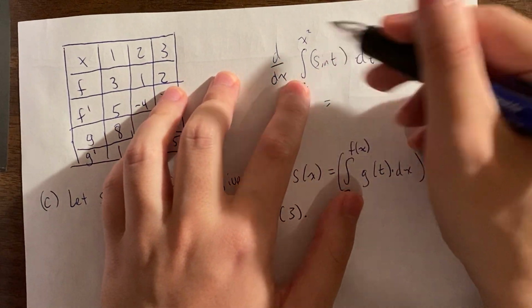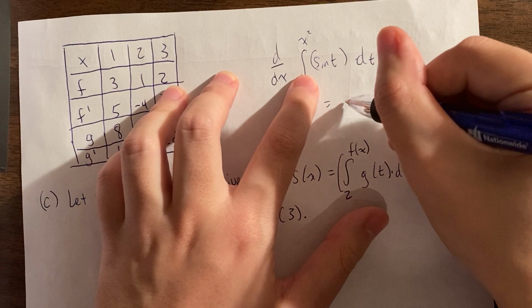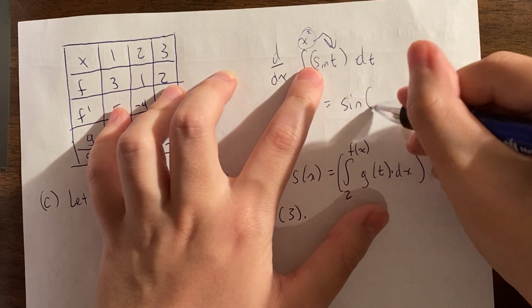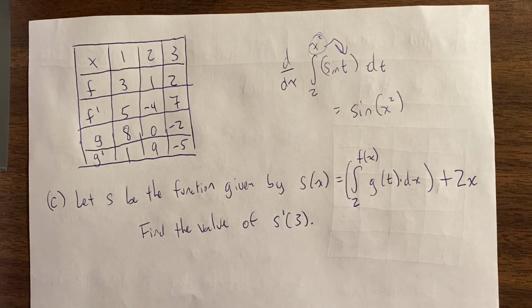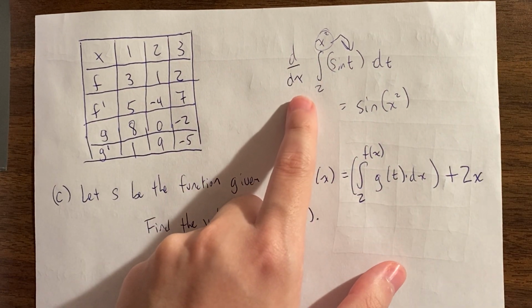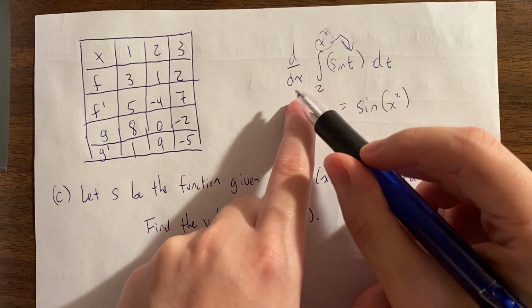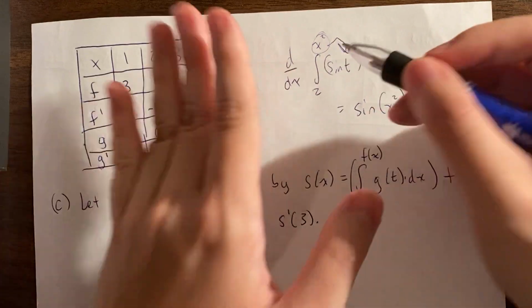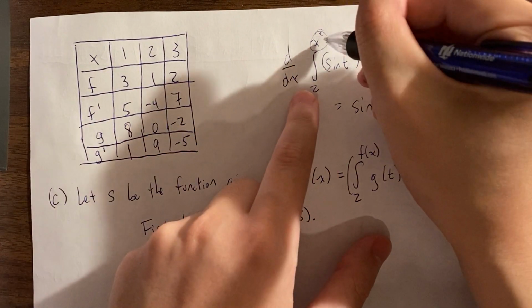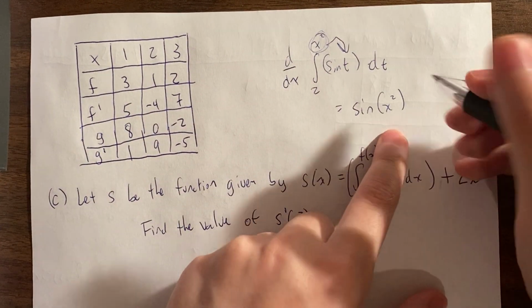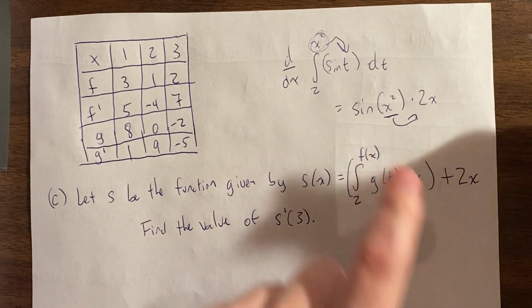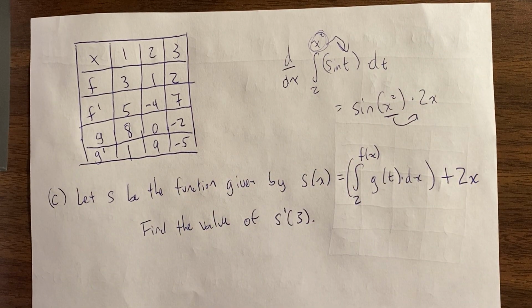All you do to take these derivatives is write the original, sine, and plug in the inside function, x squared. But this function has an inside function, so it requires the chain rule, the inside function being the top limit. So all you have to do is multiply by the derivative of the inside, so you get 2x. This is what I call the fundamental theorem of calculus part 2.